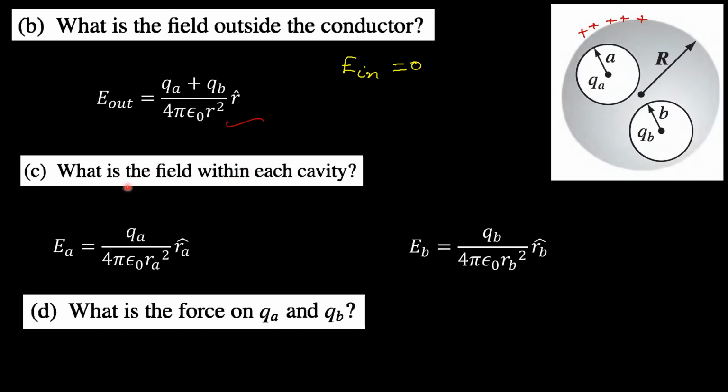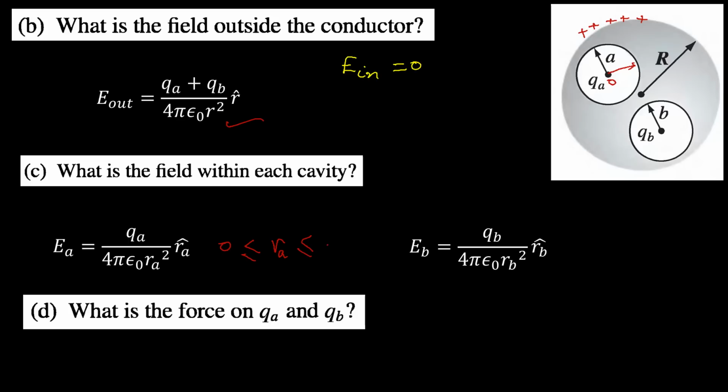What is the field within each cavity? Within each cavity, the field is limited between 0 and a, that is, r_a greater than or equal to 0 and less than or equal to a.